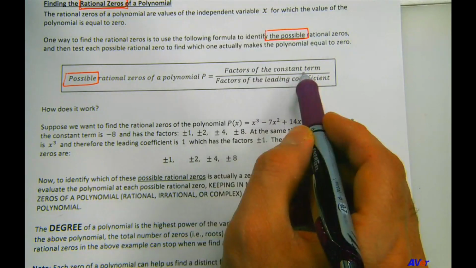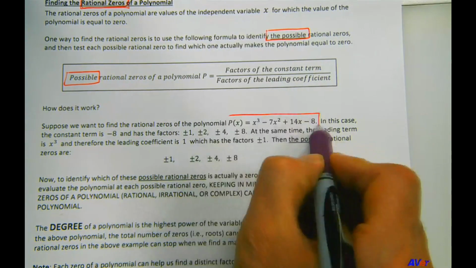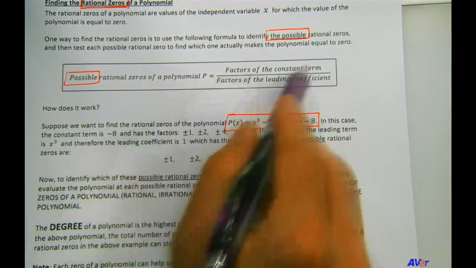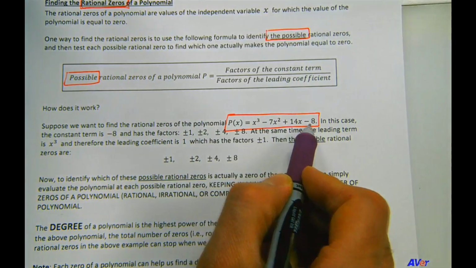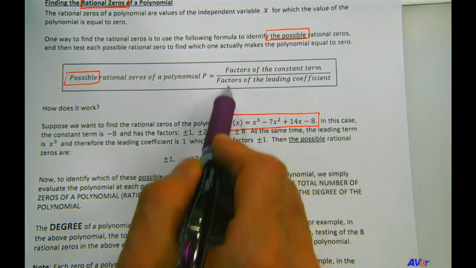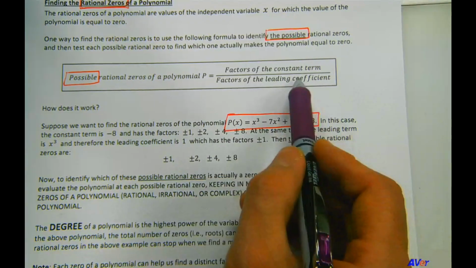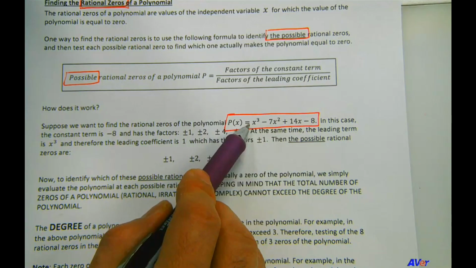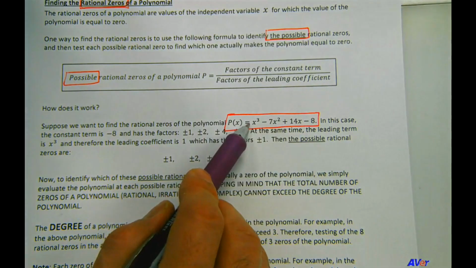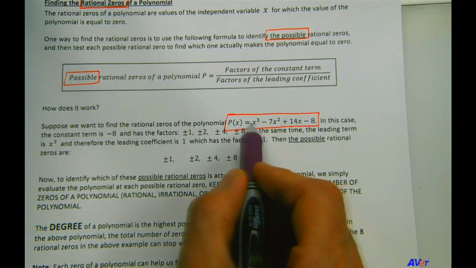Factors of the constant term, that would be for -8, right? And then divided by factors of the leading coefficient. And the leading coefficient in this case has factors plus or minus 1, right? The leading coefficient is the coefficient of the polynomial term with the highest power, and x cubed is the highest power.